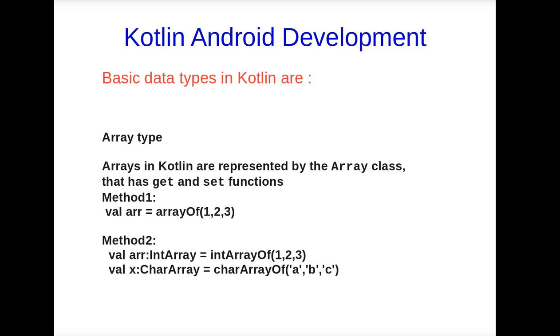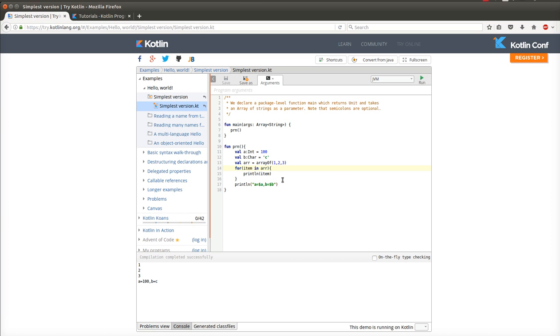Another method is val array and defining what type of array it is, IntArray, using intArrayOf(1, 2, 3). We will see that type of array too.